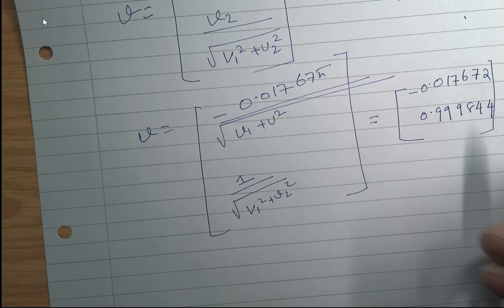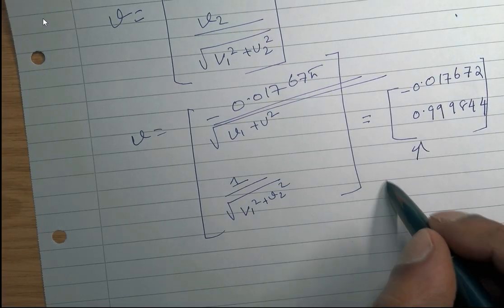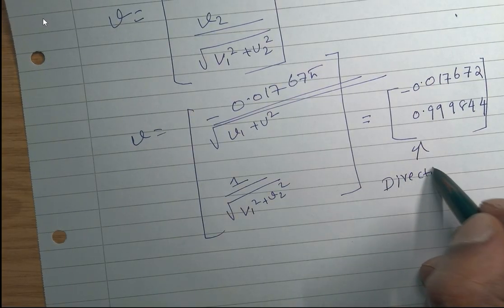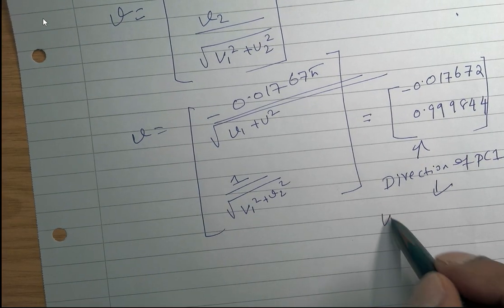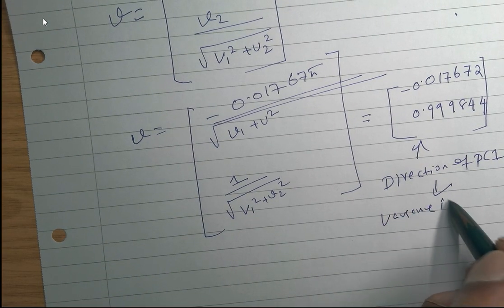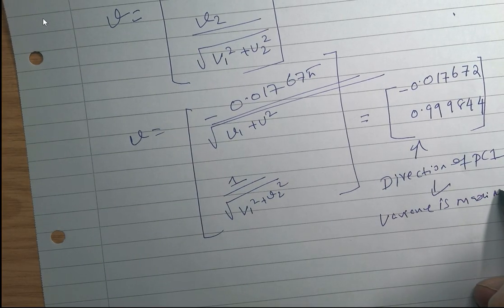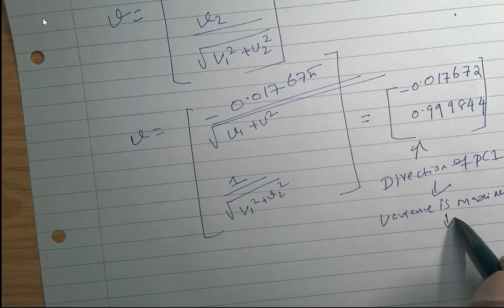So that's nothing but the direction of PC1 where the variance is maximum.